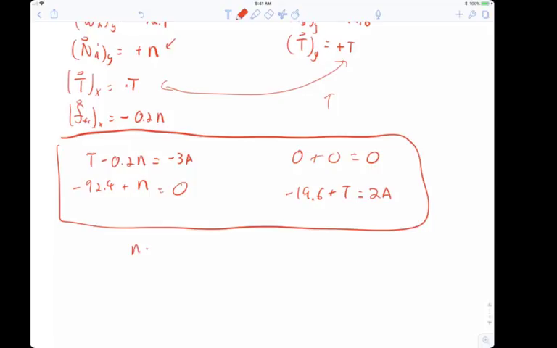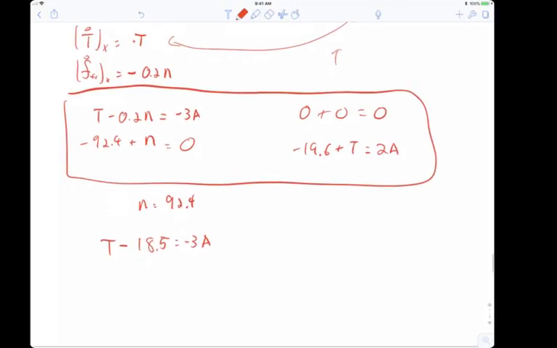So n is equal to 29.4, and so that other equation becomes T minus 5.88, about 18.5 is equal to minus 3a. This equation here is minus 19.6 plus T is equal to 2a. I solve it. Let me use subtraction.